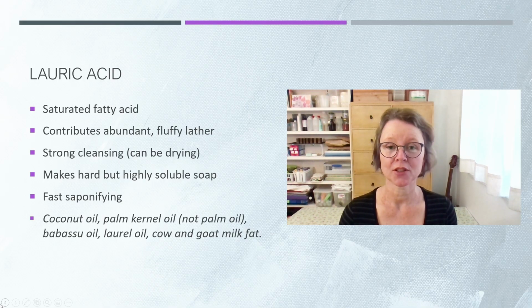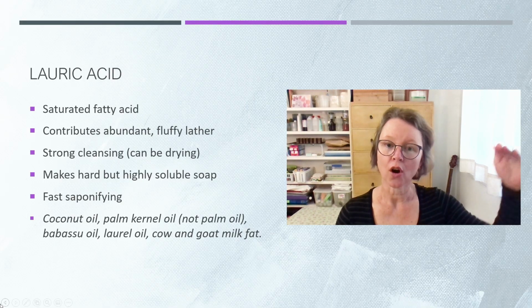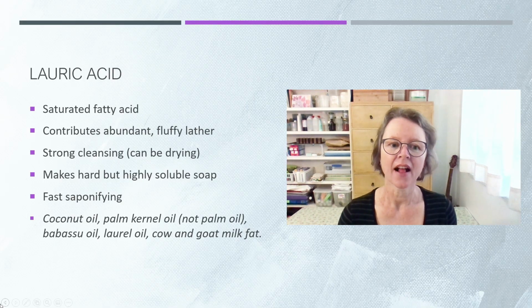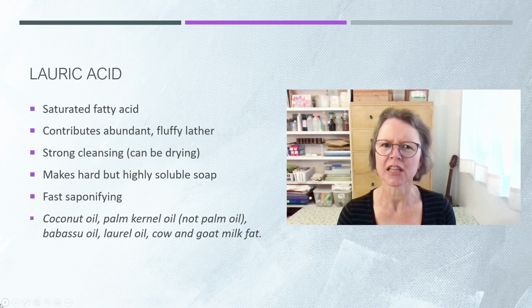Lauric acid contributes a really abundant, big, fluffy lather to soap recipes, and it is quite strong cleansing. So when you talk about the cleansing abilities of fatty acids in soap making, strong or high cleansing values, that means the soap is a really good cleaner and it can be very stripping and a bit drying. So that's important to know about lauric acid.